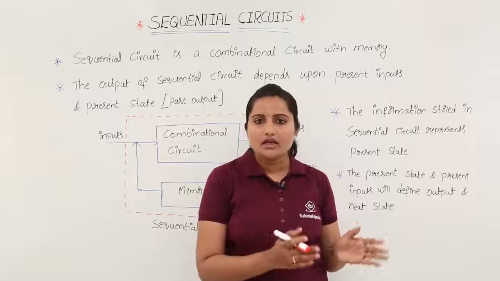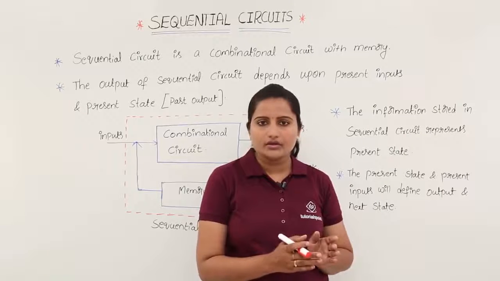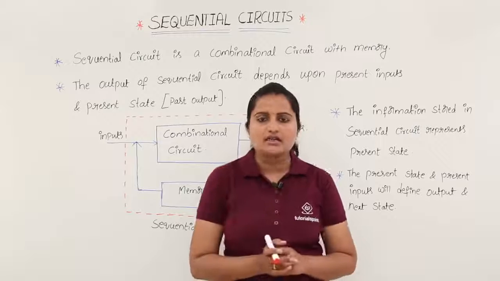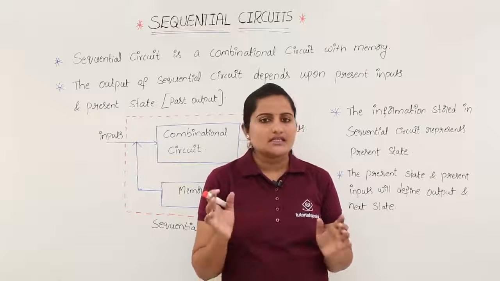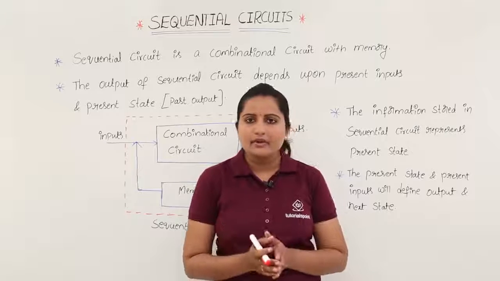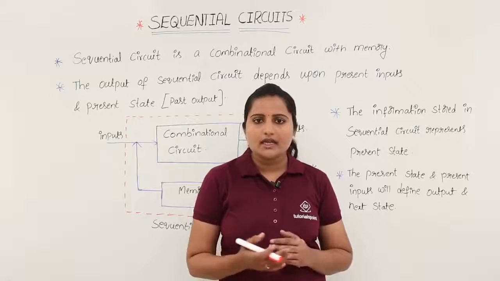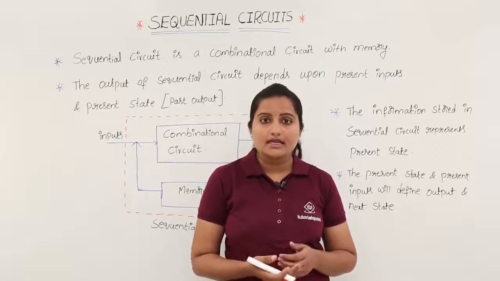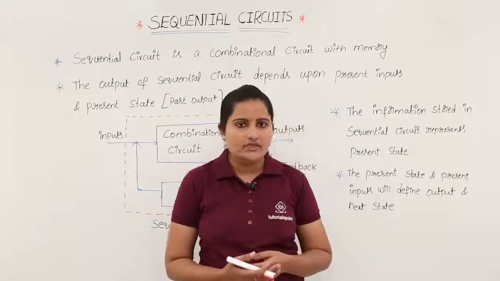That means the sequential elements in asynchronous circuits do not use the same clock pulse, whereas in synchronous circuits the elements use the same clock pulse. An example for synchronous is flip-flops. For asynchronous, we can take latches and time delays as examples.